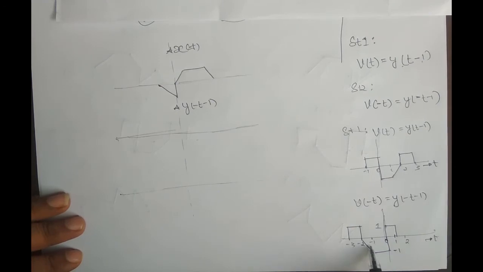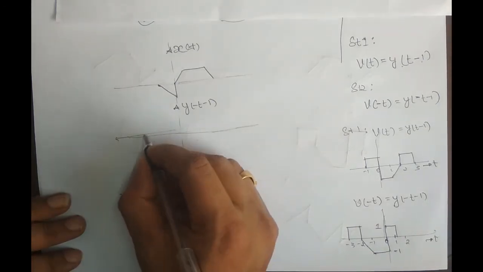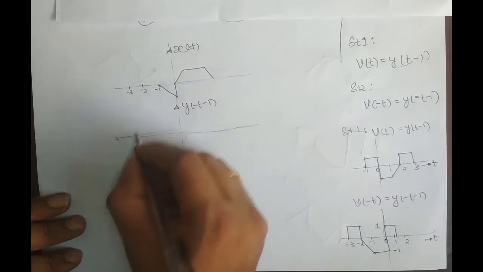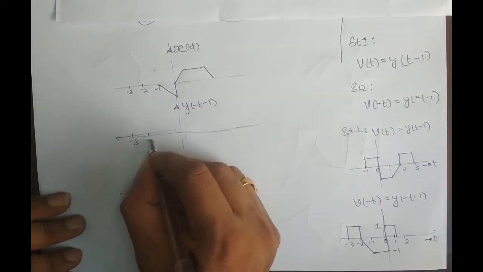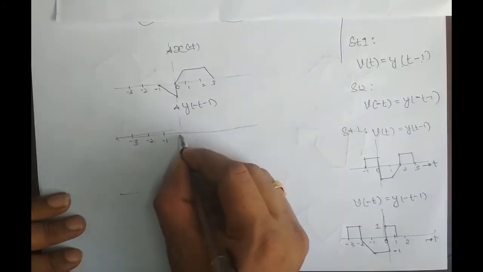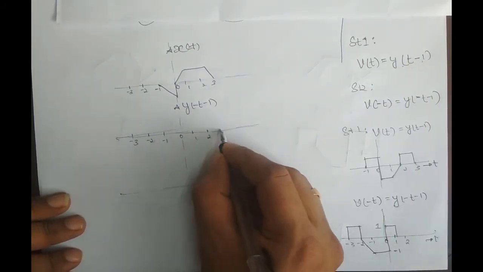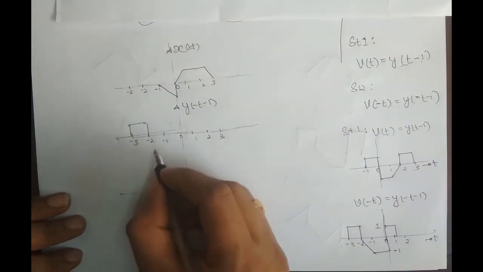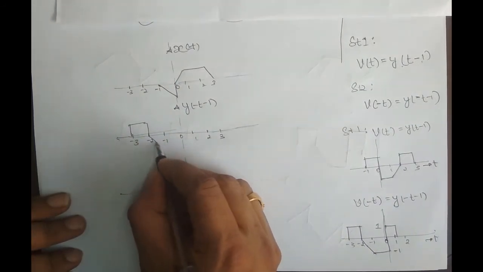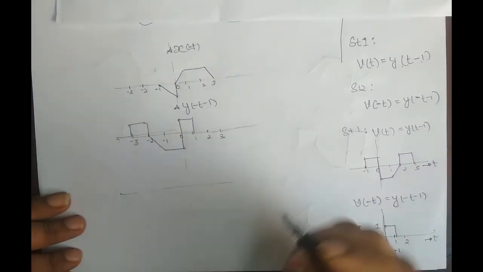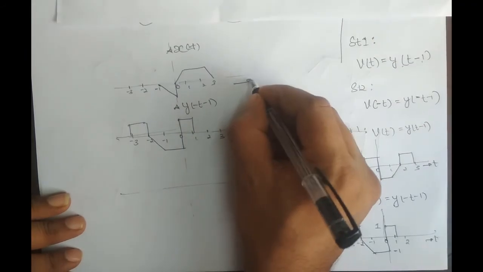So this is minus 1, minus 2, minus 3. So minus 3, minus 2, minus 1, 0, 1, 2, 3. So it starts from minus 3. Okay, so this is our y of minus t minus 1.